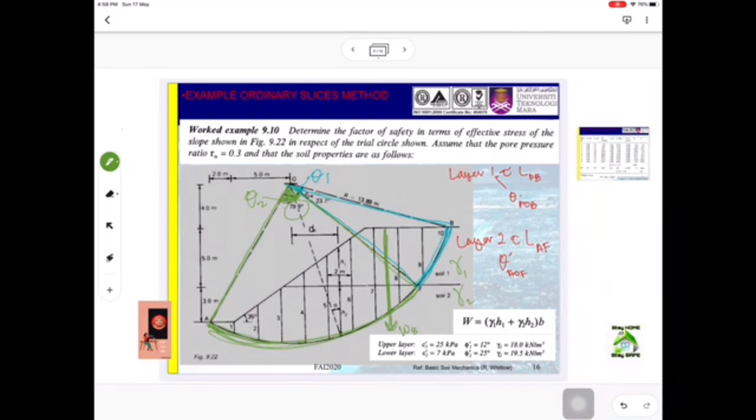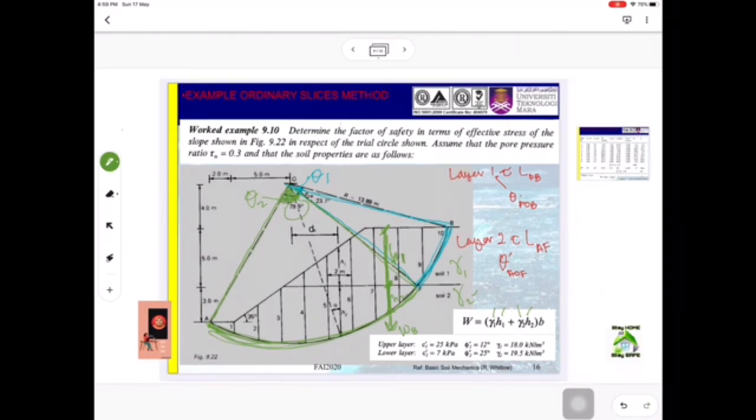W8 is actually a combination of gamma 1 H1, this is H1 because it's in layer 1, plus gamma 2 H2, this is H2.